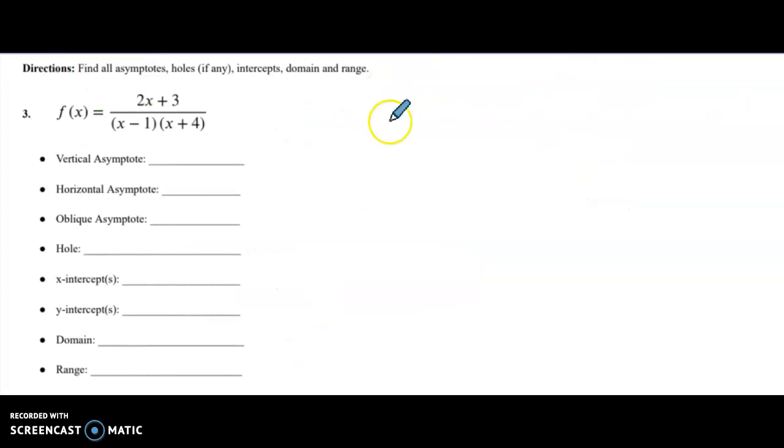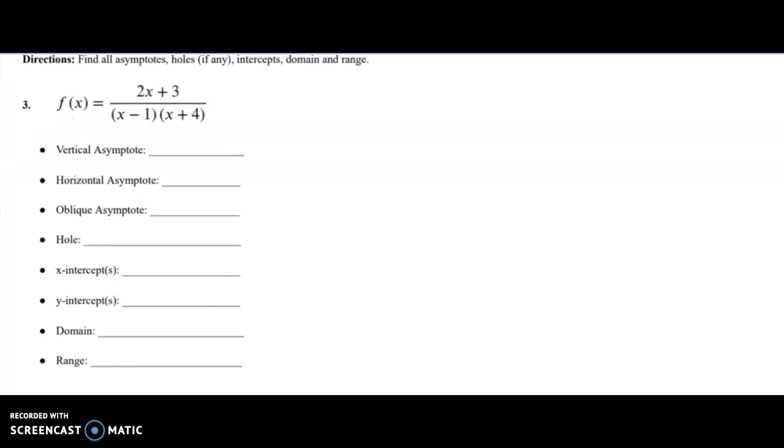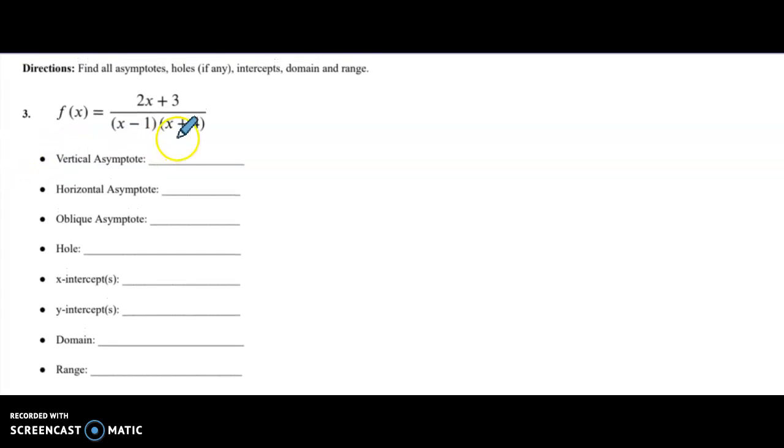I don't think we're graphing these, but we're just going to fill all this out. Vertical asymptote, it's already factored for you, right? That's going to be at x equals 1 and x equals negative 4 because we solved these factors in the denominator. The horizontal asymptote is y equals 0.